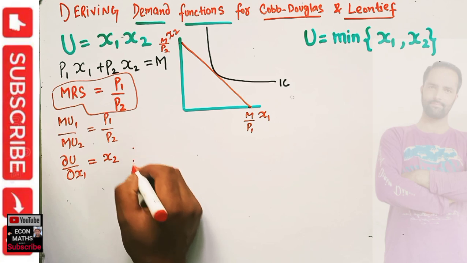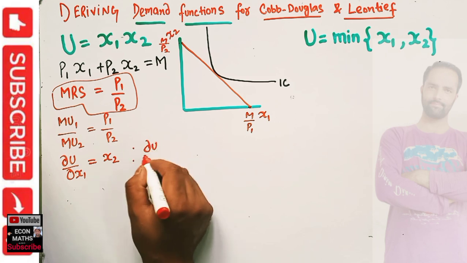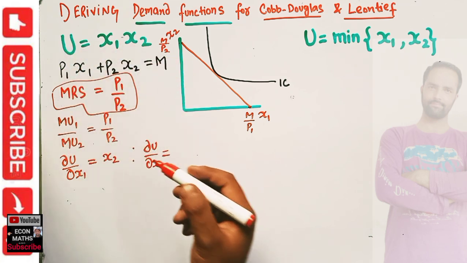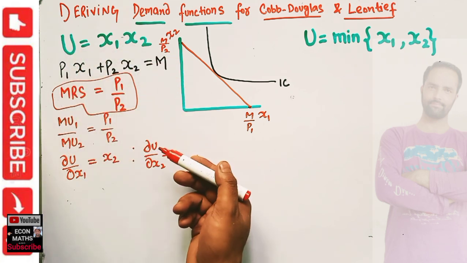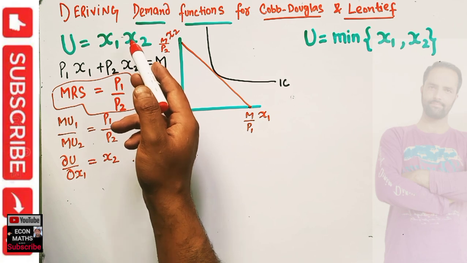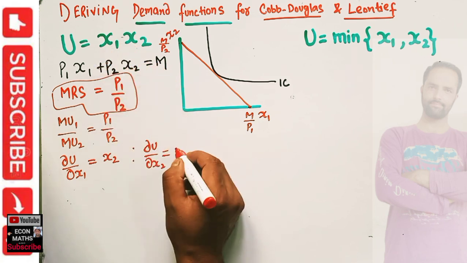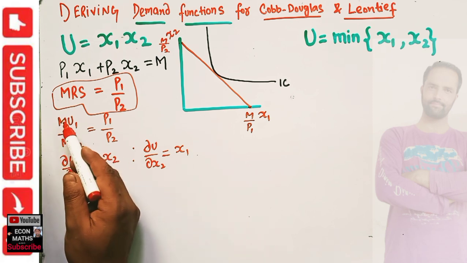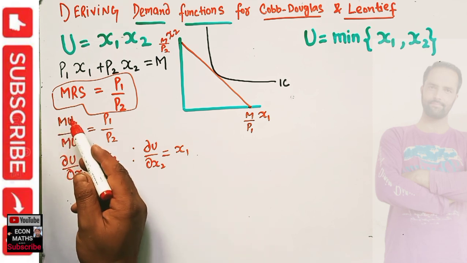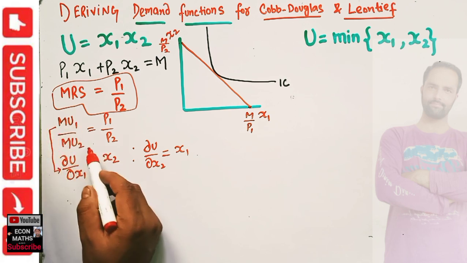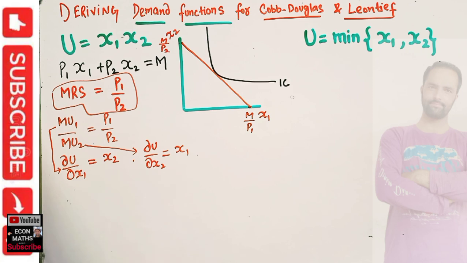Similarly, du upon dx2 means taking derivative of this utility function with respect to x2. So taking derivative of x2, it will become 1, so we are left with x1. Okay, simple stuff. So using this situation, marginal utility of good 1 is shown by this thing, and marginal utility of good 2 is shown by this thing.